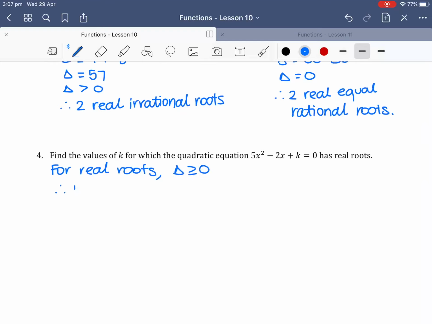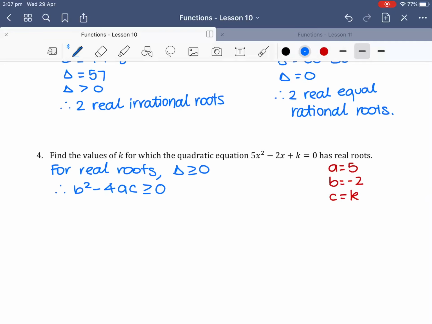So therefore, b squared minus 4ac is going to be greater than or equal to 0. So now let's state what our a, b, and c are. Our a equals 5, our b equals negative 2, and in this case our c equals k, and that's what we're trying to find.